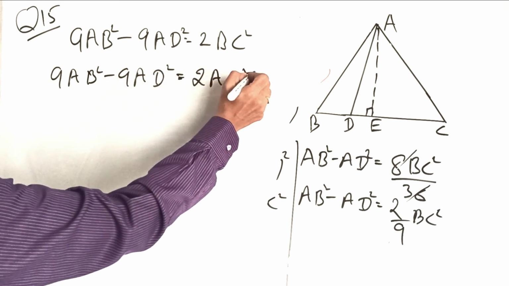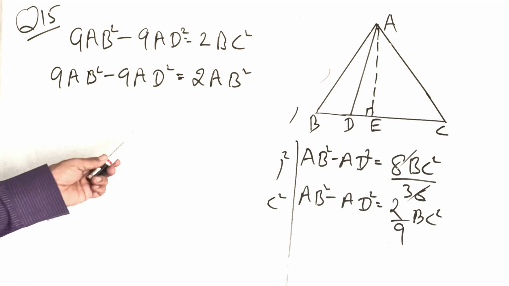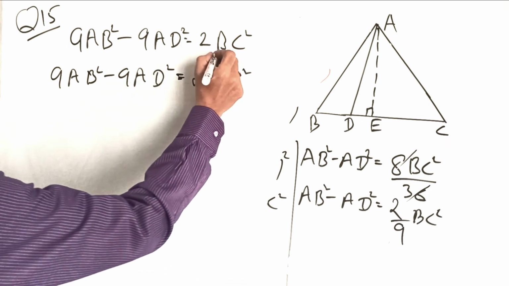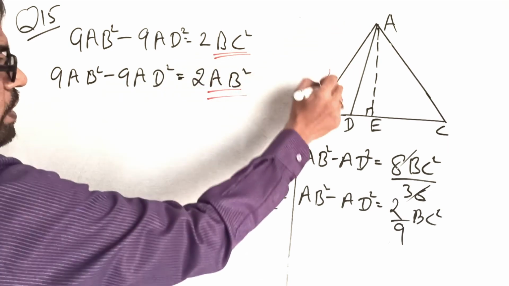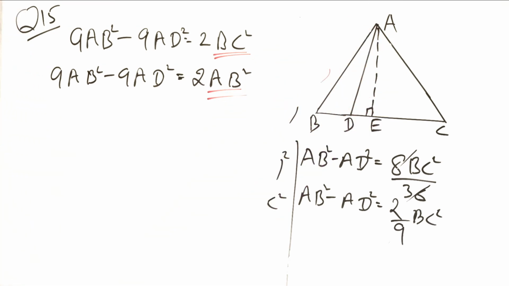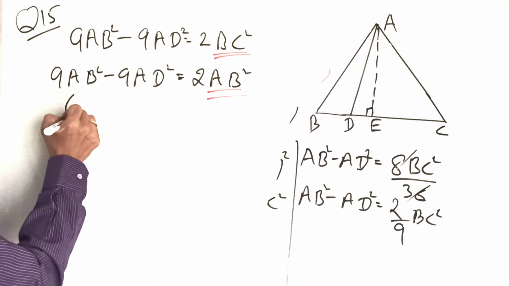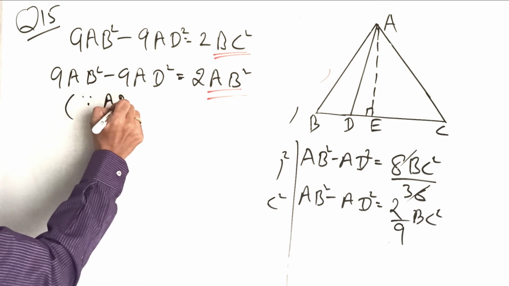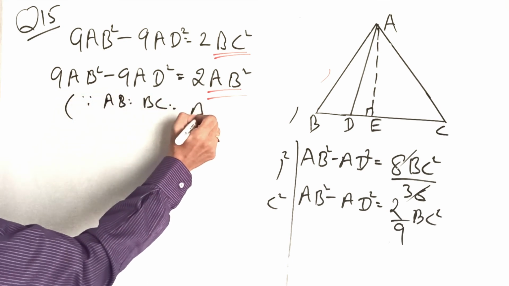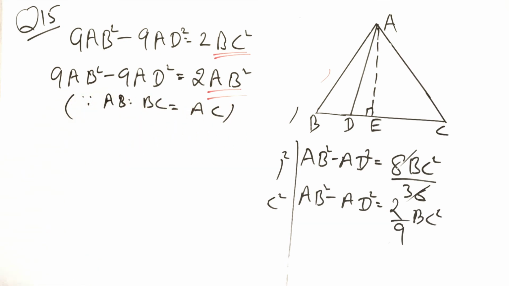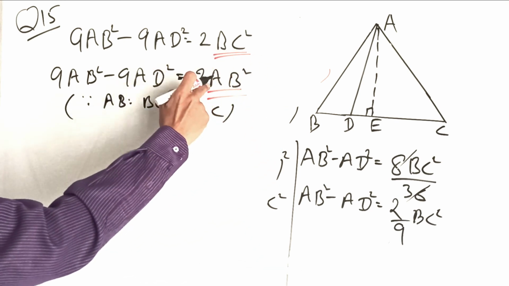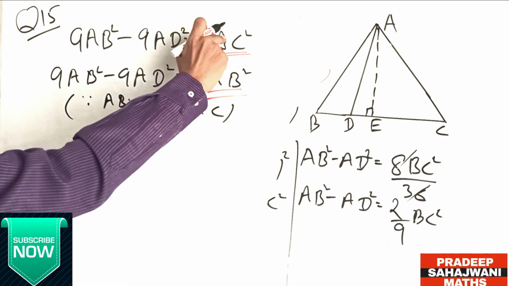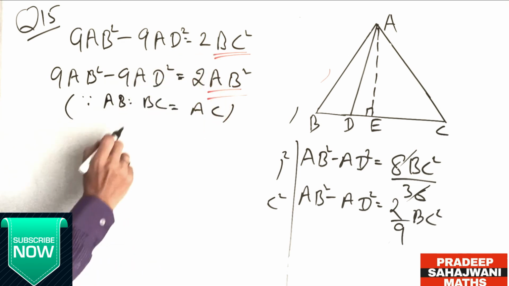Why 2 AB square? In place of BC I have written AB, because it is an equilateral triangle, all sides are equal. So we can write the reason: since AB equal to BC equal to AC, equilateral triangle. Also in the question we need AB and AD, we don't need BC, so we can eliminate BC according to our need.